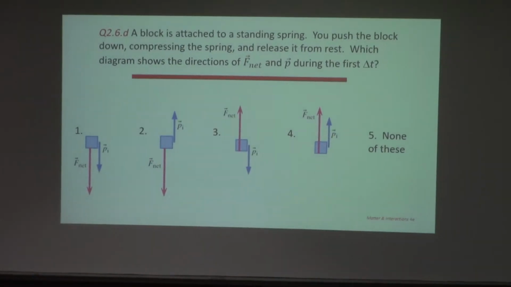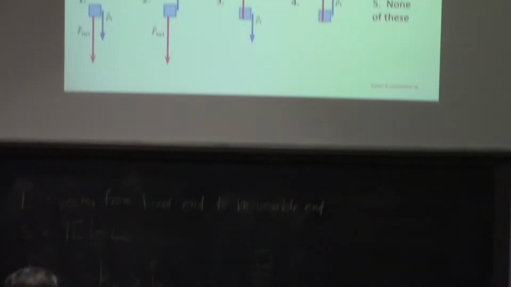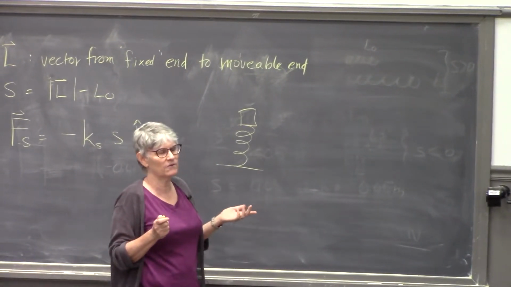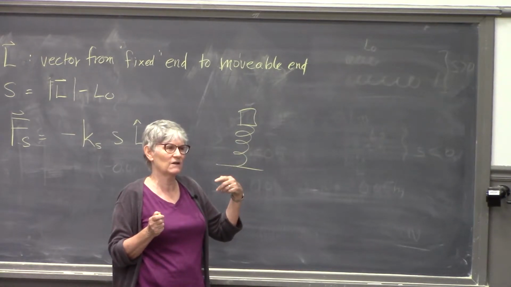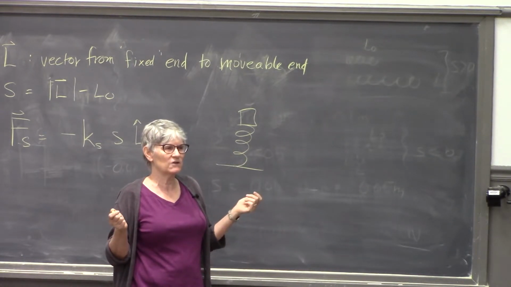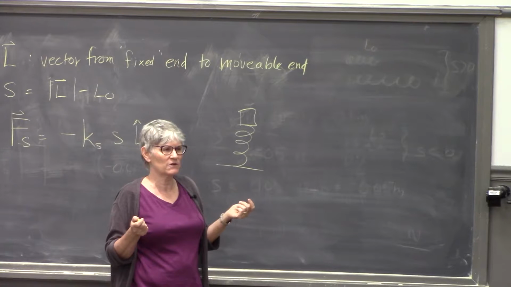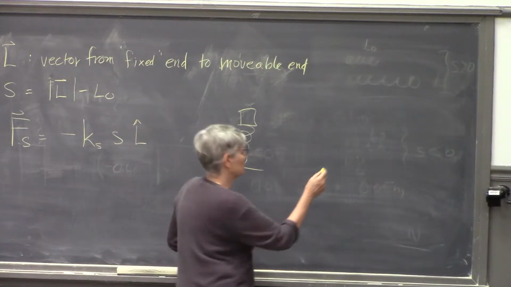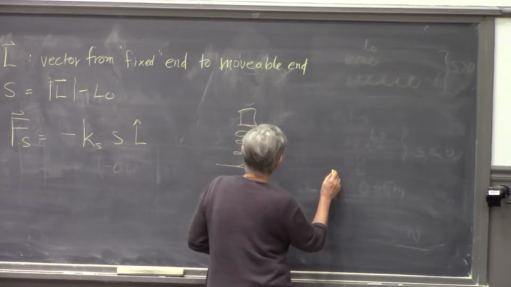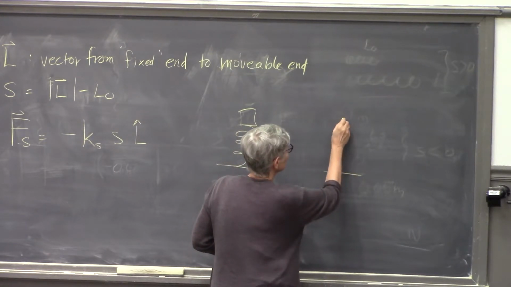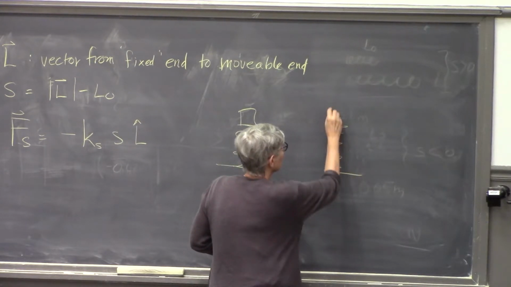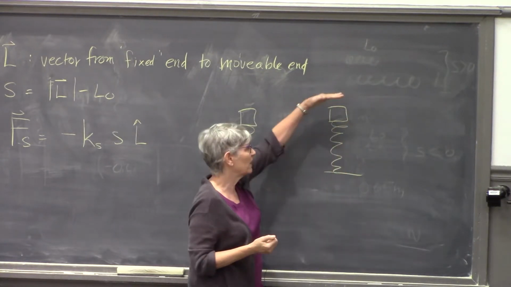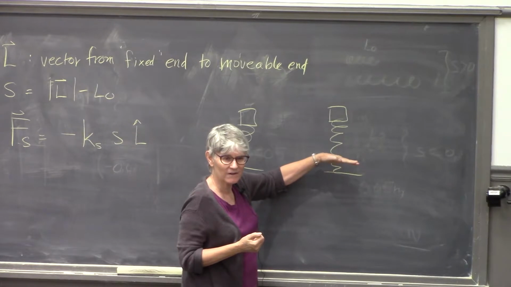Okay, so 4 is the right answer, but some people were concerned that they didn't know what the net force was because there are 2 forces acting on the block, the gravitational force and the spring force, and you couldn't tell which one was bigger. But let's think about the description of the situation. Here's a block on a spring sitting there, and we push it down.